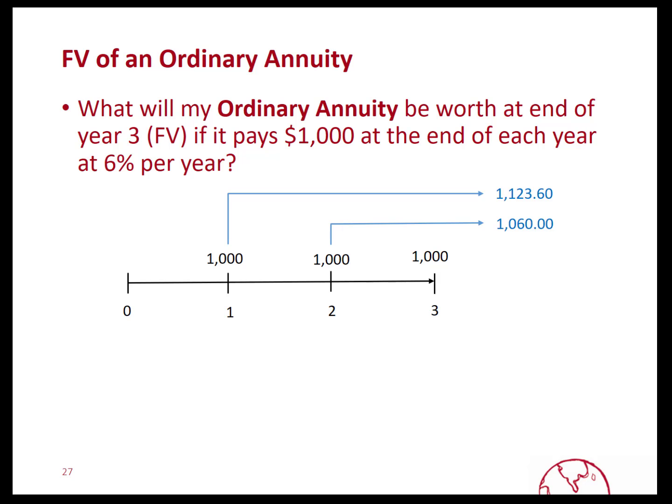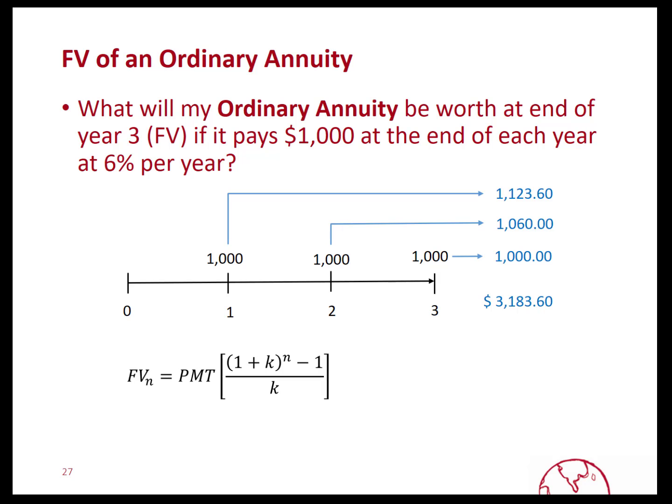That's because it is 6% on $1,000 for one period. That final $1,000 doesn't grow at all because you receive it on the maturity date. So what is the future value going to be? You simply sum up those three cash flows, and the future value of this ordinary annuity is $3,183.60.